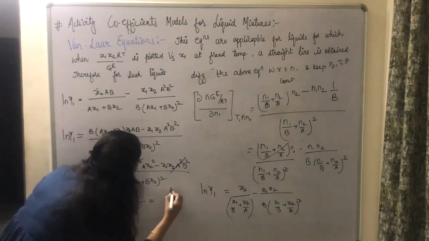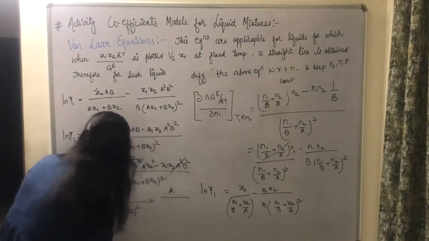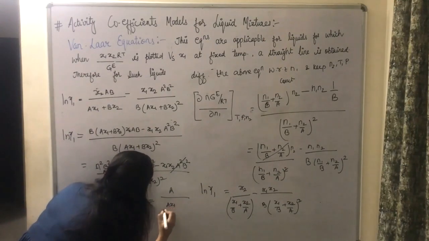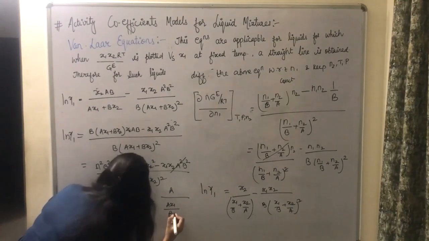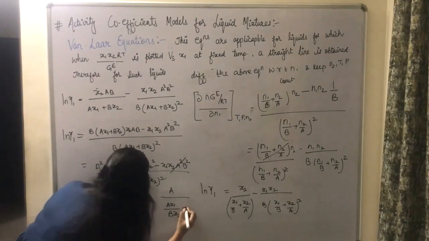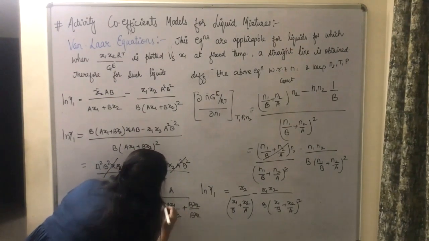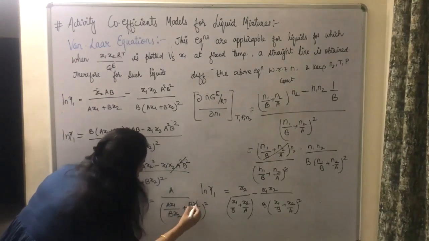So we just keep a here and take b square x2 square down. So what will happen: a x1 upon b x2 plus b x2 upon b x2, whole square, right? So this cancels.